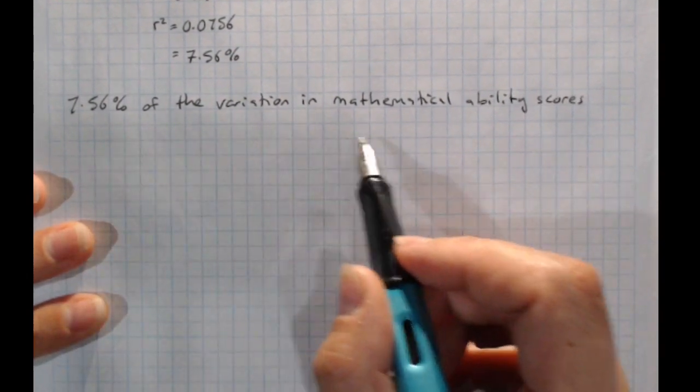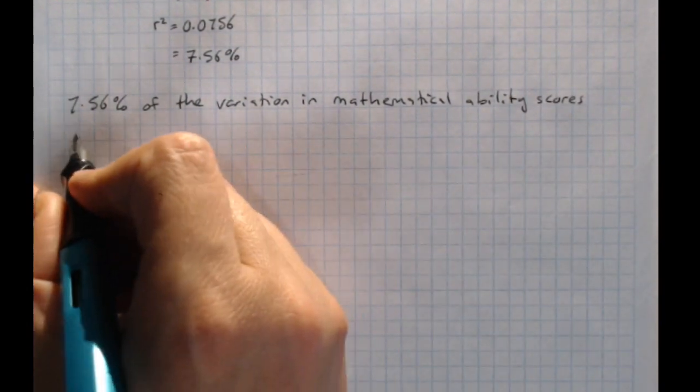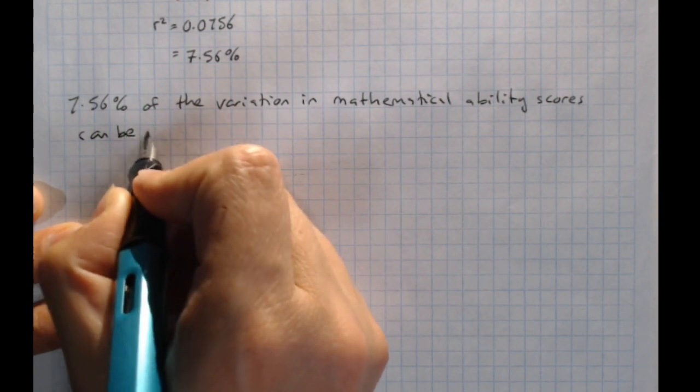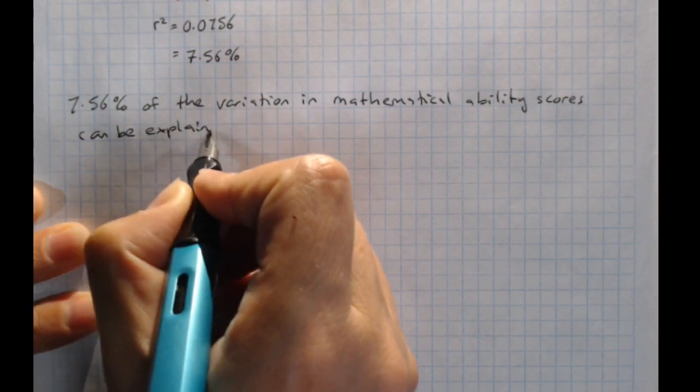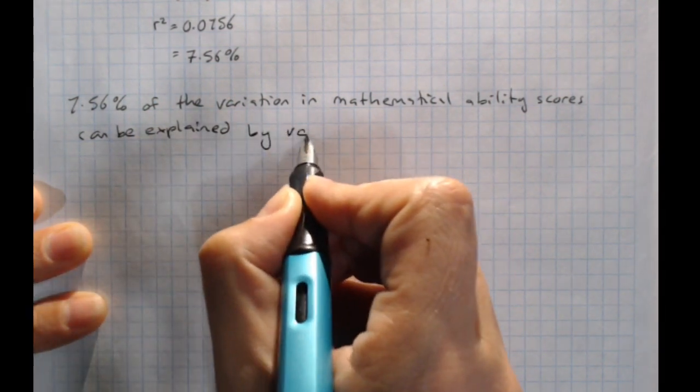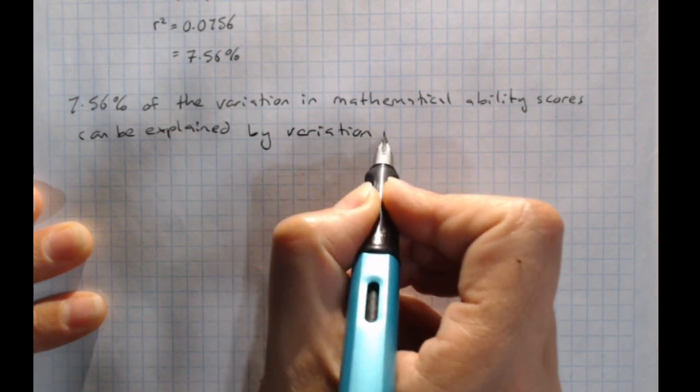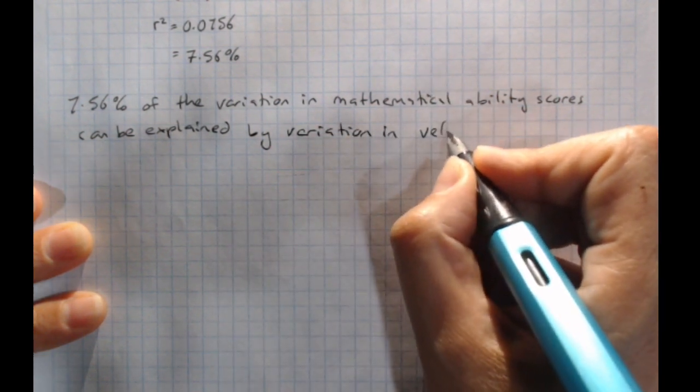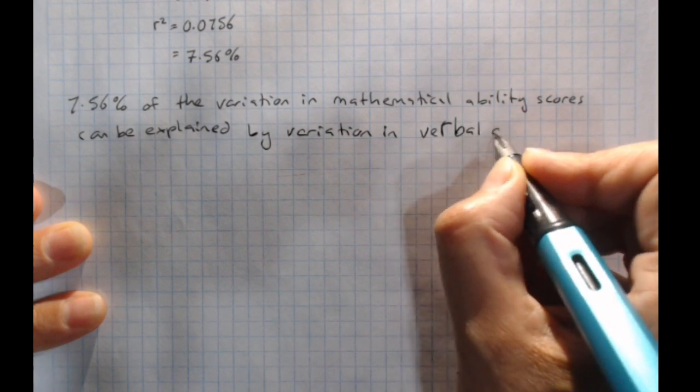That percentage of the variation can be explained by variation in verbal ability scores. Oh, sorry about my writing there.